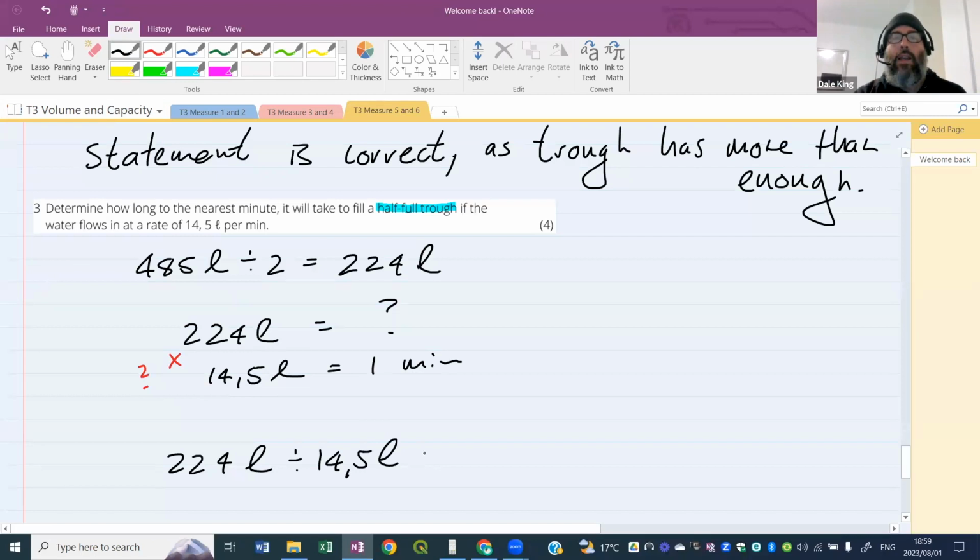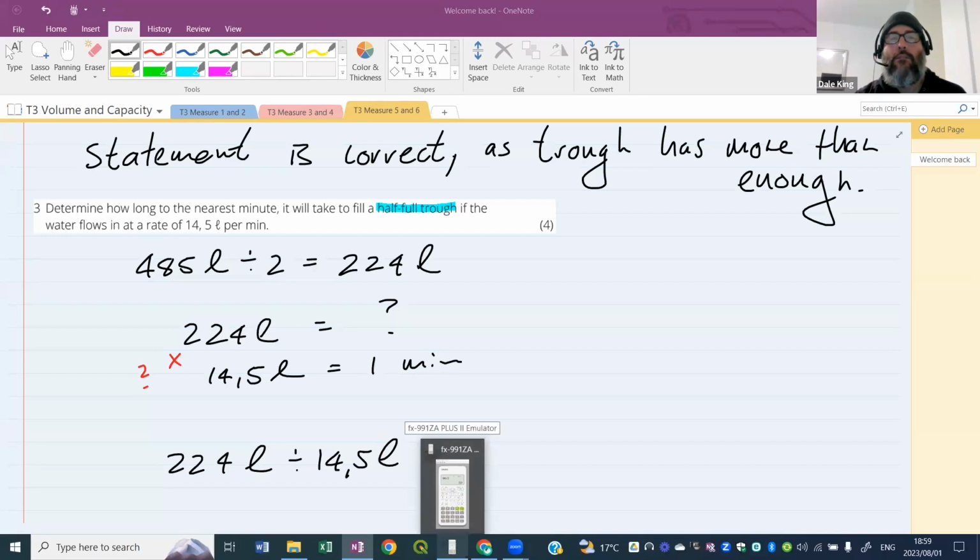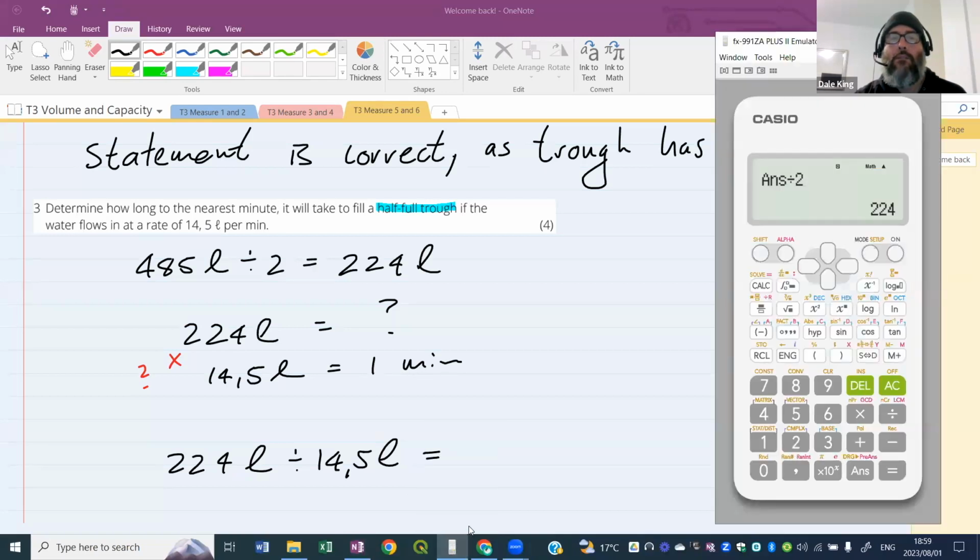Oh, Kajiso raised a hand there. Sir, when I punch my calculator saying 485 divided by 2, it gives me 242,5. I must have made a mistake.